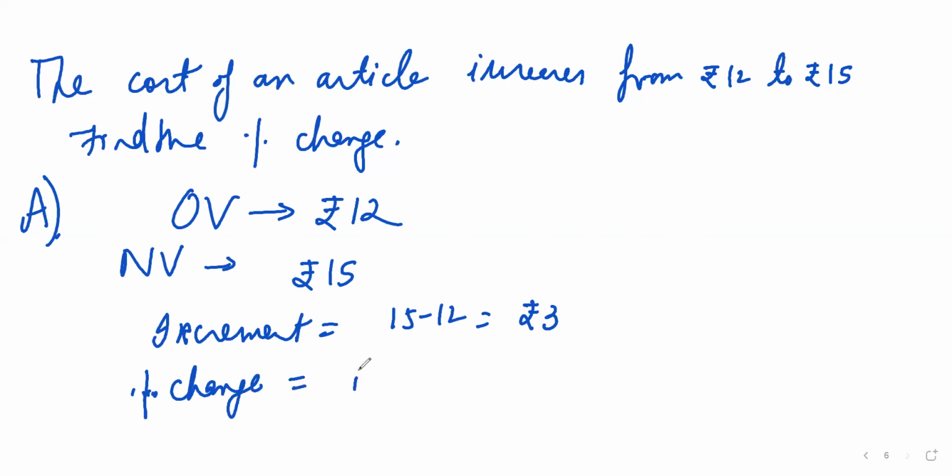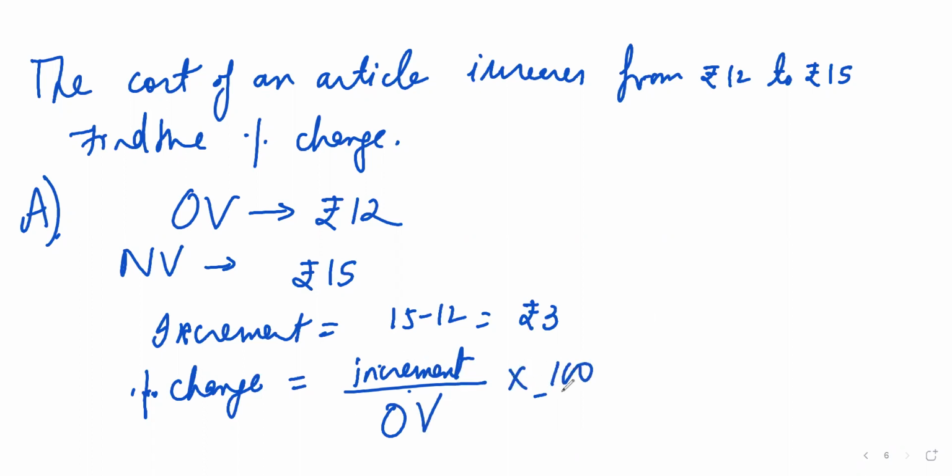So percentage change is equal to the change, or the increment in this case, over, okay, 1 minute, I'll just write it clearly. Increment upon the old value, always increment upon old value.